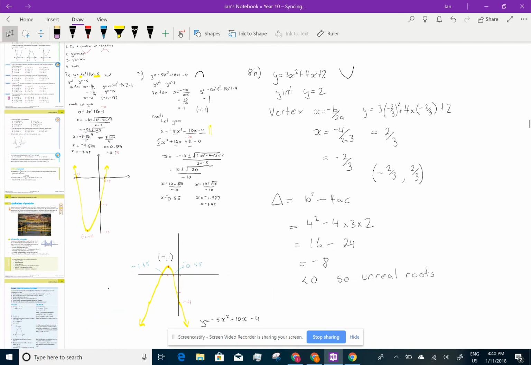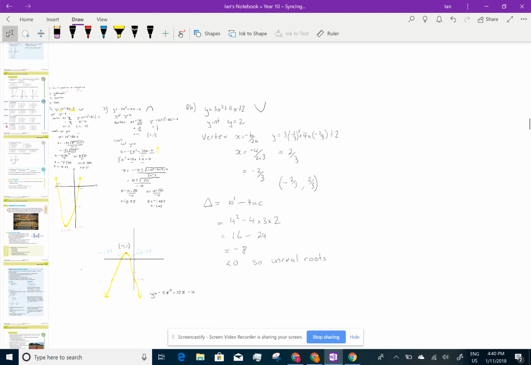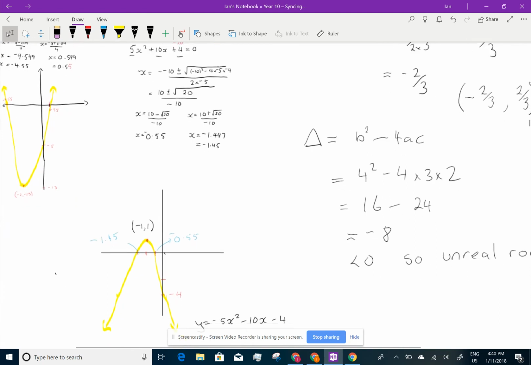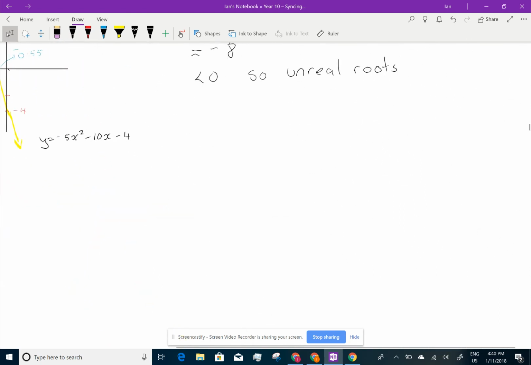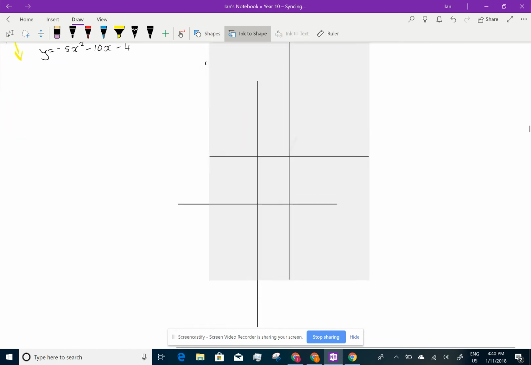Well, now we've got enough information to draw it. In fact, finding a quadratic that doesn't have roots is much easier to draw. Will we try it again? Let's see if I can do it without stuffing it up. And here we go. And we'll just move that up there.